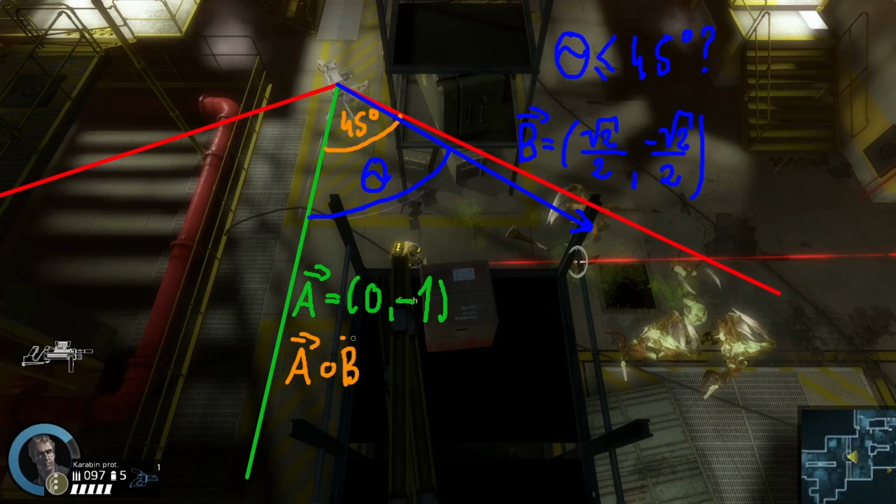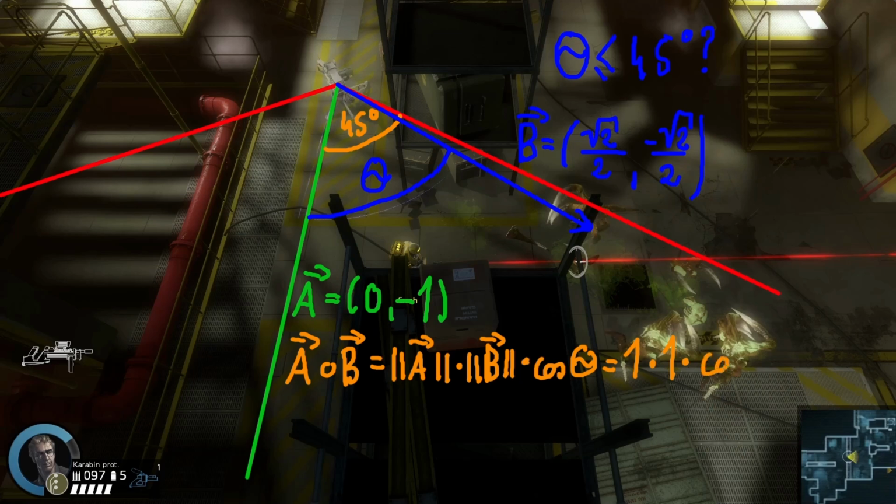Now I will calculate the dot product of our vectors. They are already normalized, so it is simply cosine of theta.